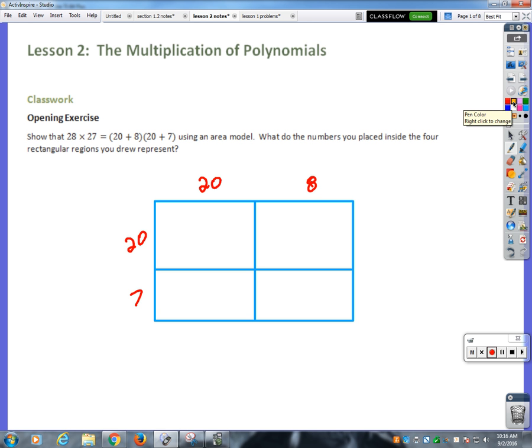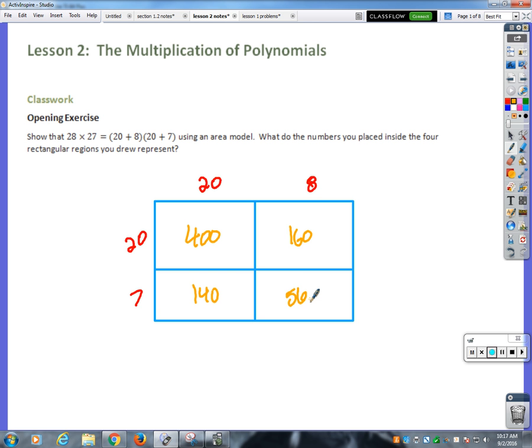So this box right here, 20 times 20 is 400, so that goes in here. And then if I go 20 times 7, I get 140. And then 20 times 8 goes right here, and that is 160. And then 8 times 7 is in here, and that is 56.